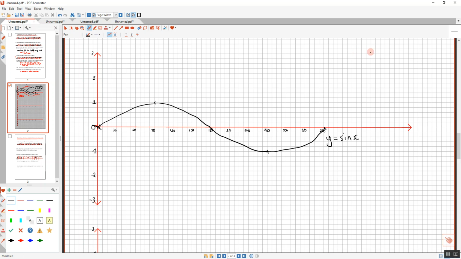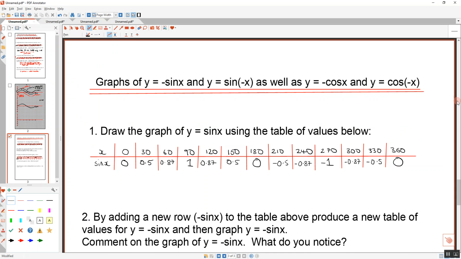The second part of the sheet is going to help you draw y equals negative sin x, okay? And in order to do that, you have to add another row onto this table. The next row is going to be negative sin x.